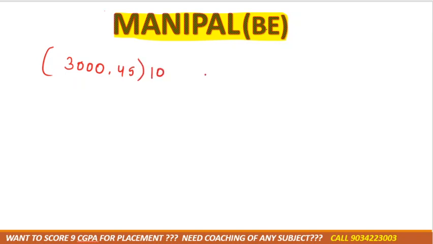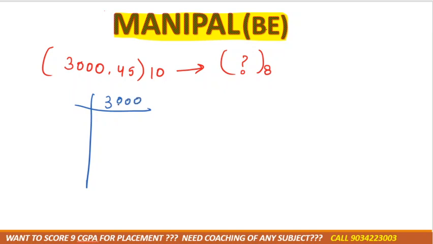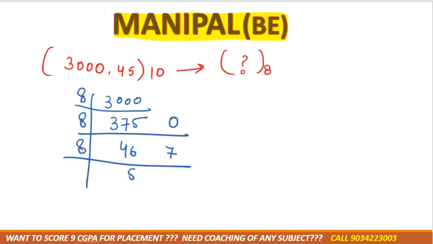Next case is 0.45 form. Need to convert it into the octal. Same thing you have to do it, like 8 divided by 3, 5. Remainder is 0. 8, 46. Remainder is 7. 8, 5 to 40. 5, 7, 5, 6, 7, 0.